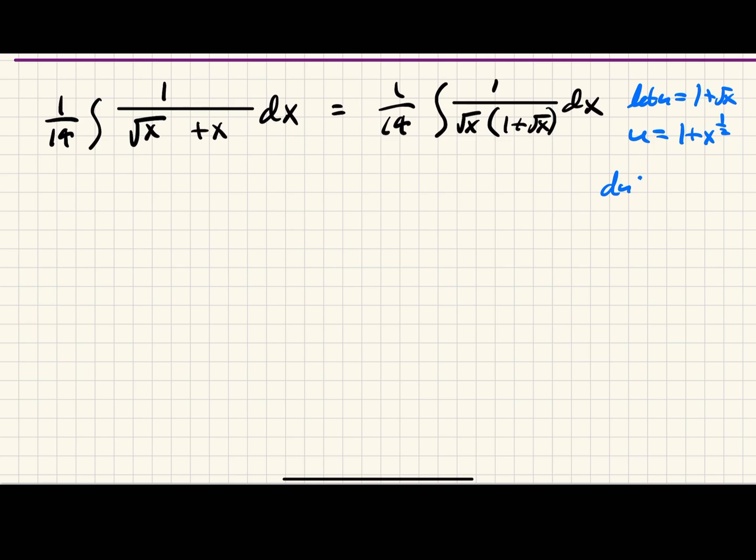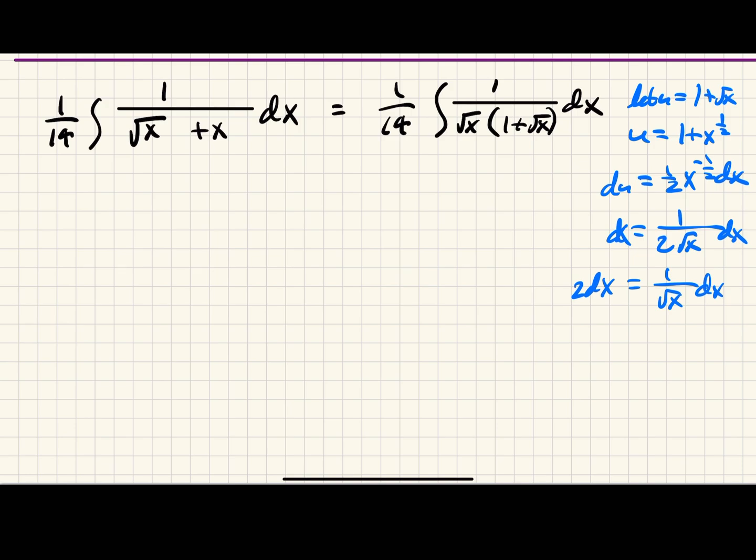So du would be 1/2 x to the minus 1/2 dx, which is 1 over 2 root x dx. And that is really close to what we have there, right? If I multiply both sides by 2, I have 2 du equals 1 over root x dx. And I see that right there. So I'm seeing now a function and its derivative in my integral.